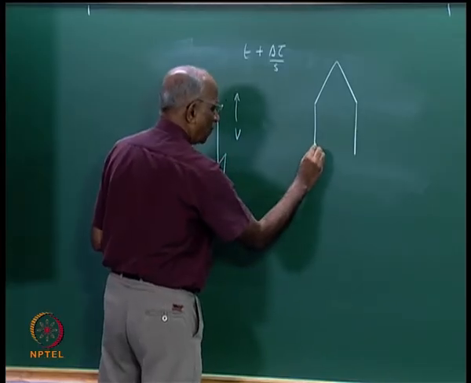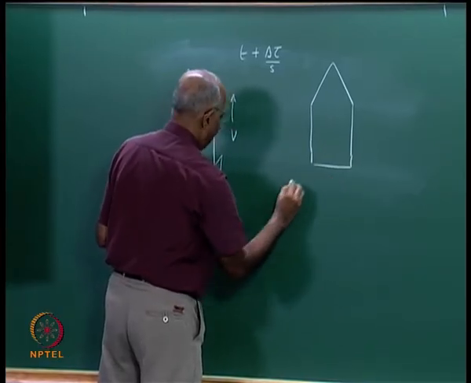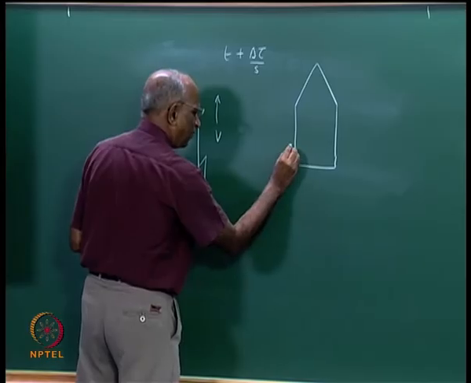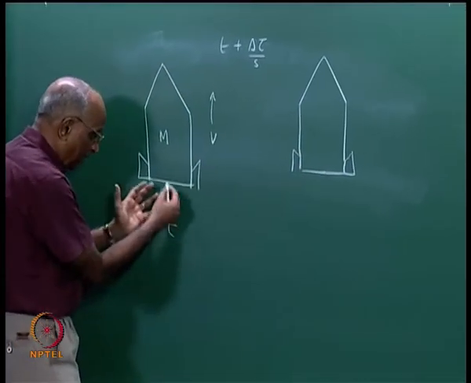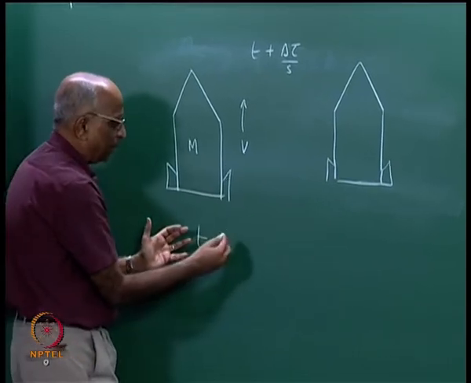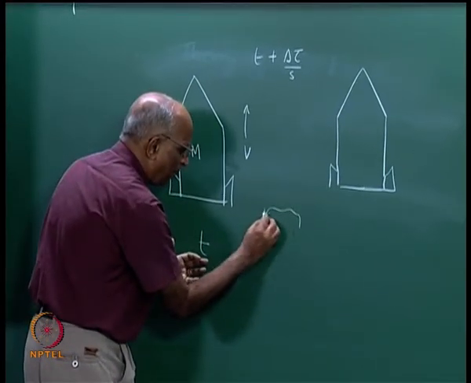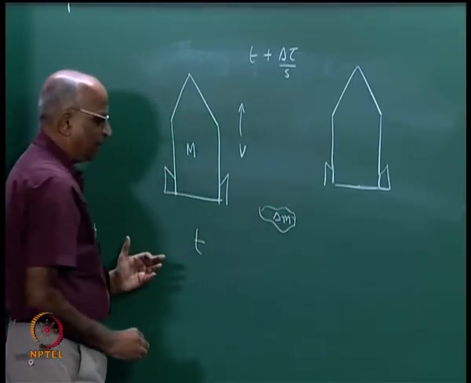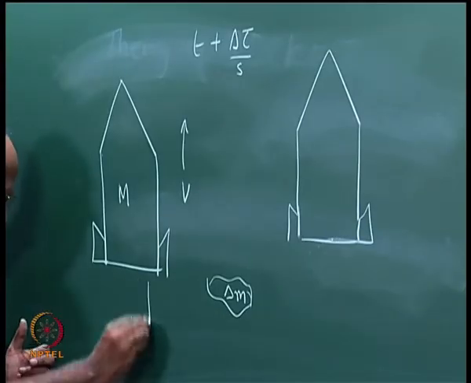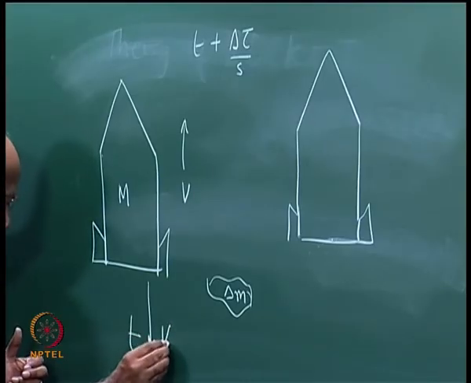It is moving forward, and then during this small time a small mass is coming out, it is ejecting matter. Therefore, it has lost a mass, let us say delta m during this period, and let us say it is also ejecting mass at the velocity.